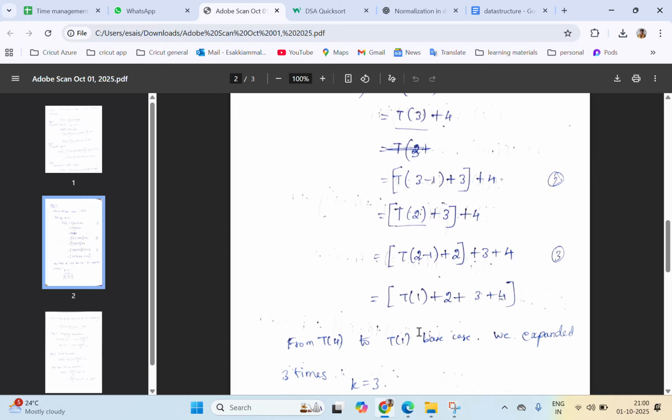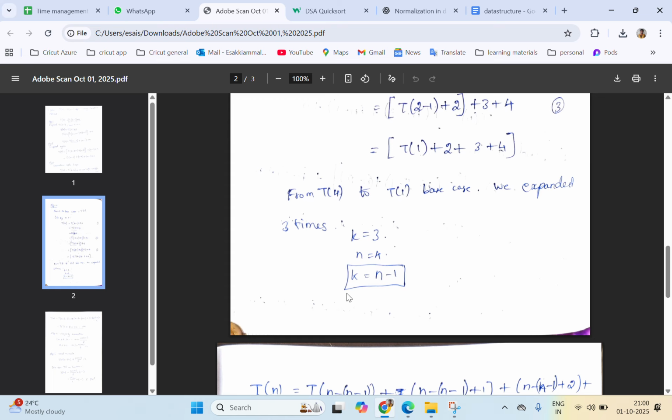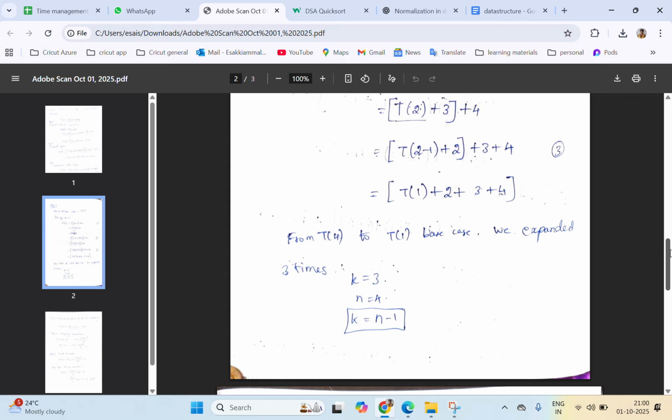If we expand further, it will become T(0), which is not needed. So for this recurrence, T(1) is the base. For n, the number of iterations will be n-1, so k equals n-1.